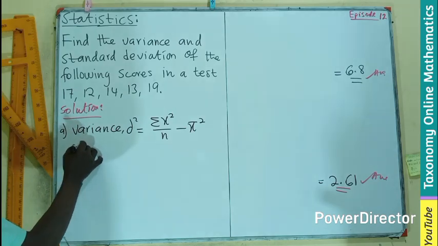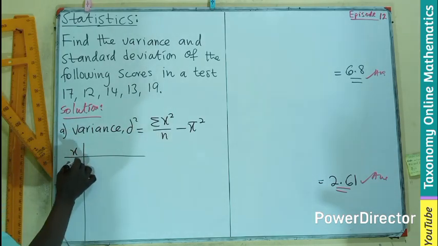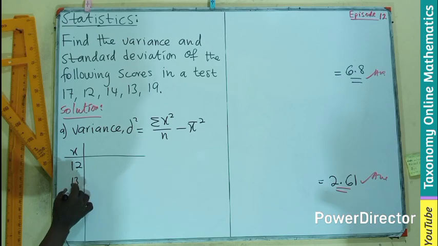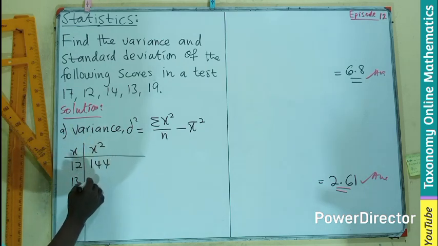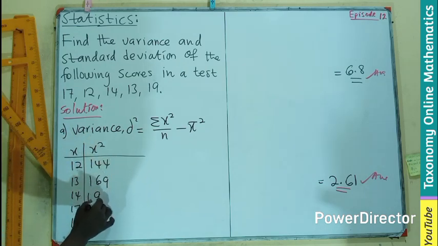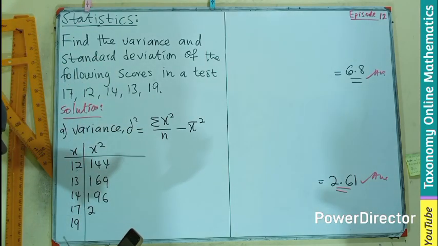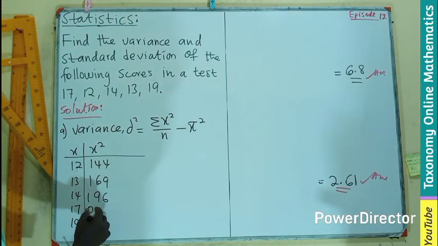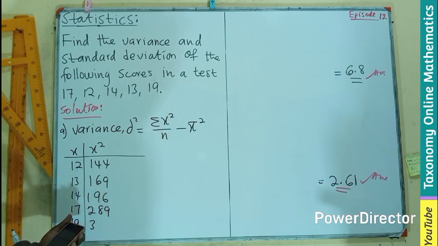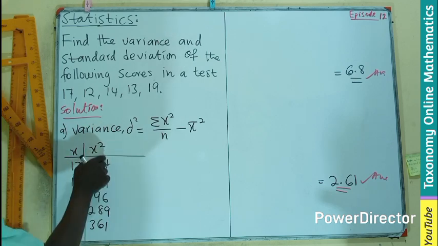So we have our x, which is the values 12 first, 13, 14, 17, and 19. So x squared, we are squaring all of them: 144, 169, 196, 289, and 361.